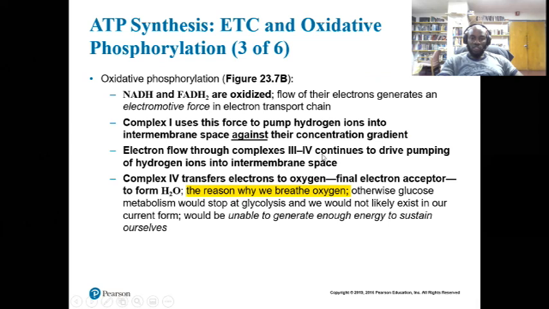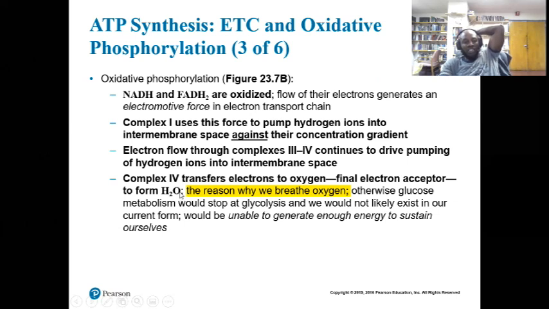Electron flow through complexes 3 and 4 continues to drive pumping of hydrogen ions. Complex 4 transfers electrons to oxygen, the final electron acceptor, and forms H2O: hydrogen from these electrons moving, oxygen from the oxygen that we breathe. The reason why we breathe, otherwise glucose metabolism would stop like glycolysis.